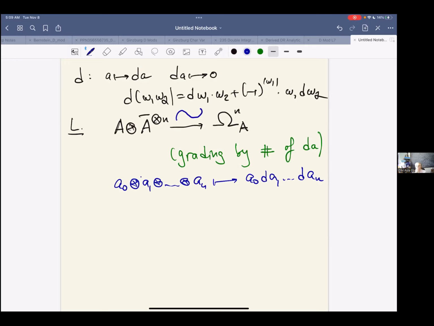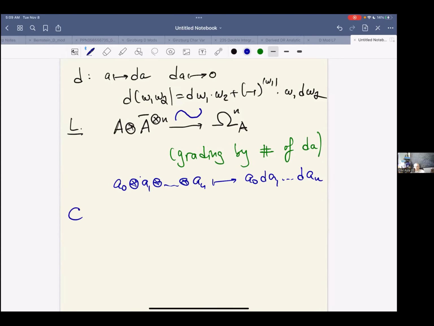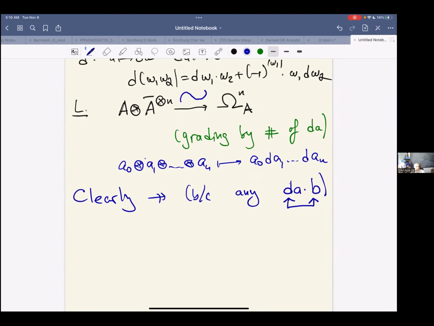And well, one proves it by, I would say, it's obviously surjective because any time you see those in the wrong position, you can exchange them using the relation.